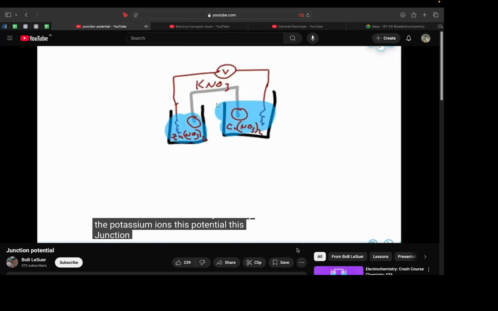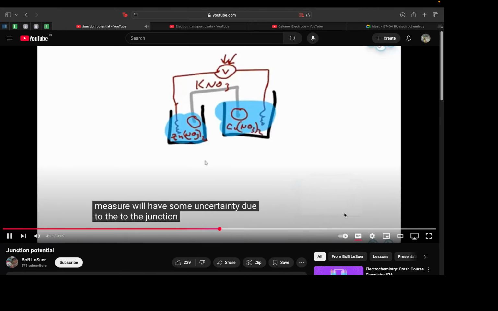This junction potential is going to show up right here, and it will also show up right here. So the potential that we think we're measuring, which is just the reaction between this half-cell reaction and this half-cell reaction, will also have contributions from the junction potentials. And so the value that we measure will have some uncertainty due to the junction potentials.